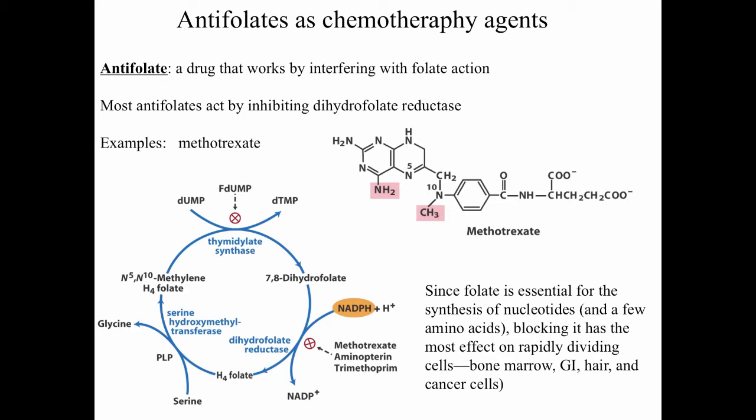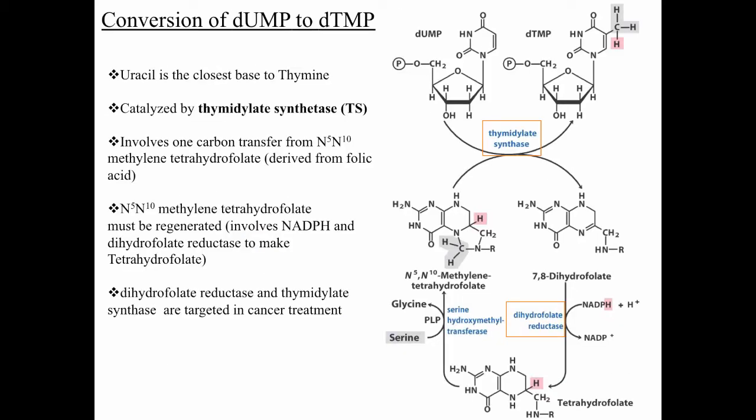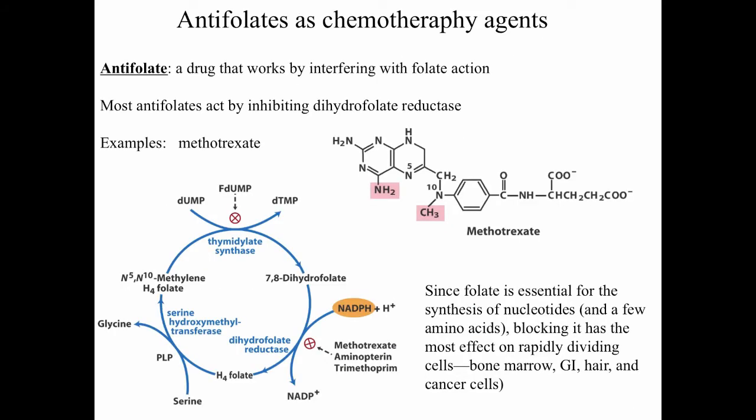So antifolates are drugs that basically inhibit this pathway that essentially recycles the N5-N10 methylene folate. The way that they work is they inhibit this enzyme, dihydrofolate reductase, which converts 7,8-dihydrofolate into tetrahydrofolate. And so one of these is called methotrexate.